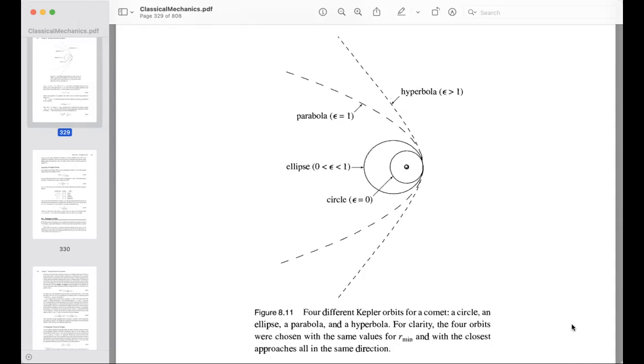So this is a kind of motion you can read off by using the analytical solution to the radial equation for the radial acceleration.